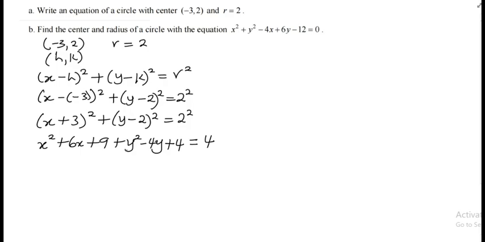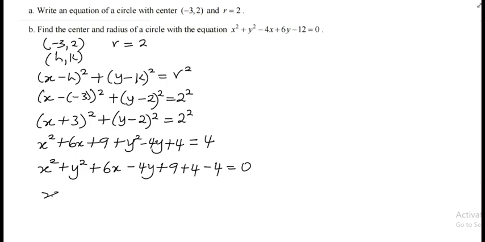So bringing x² and y² together, you have x² + y² + 6x - 4y + 9 + 4, then subtracting 4 from both sides, you have -4 = 0.